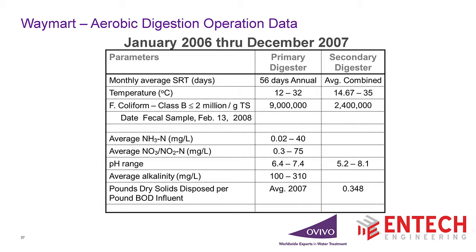Still fighting a little with the ammonia and the nitrate, but there was the ability to control it, as you can see. pH range, pretty good, dropping a little more in the secondary digester where maybe we're not cycling enough. And we get down to pounds of dry solids disposed per pound of influent BOD, and we're getting 0.348. Again, an indicator that we're really breaking down a lot of the biological solids here and that we're getting that good digestion. Next one, Brian.